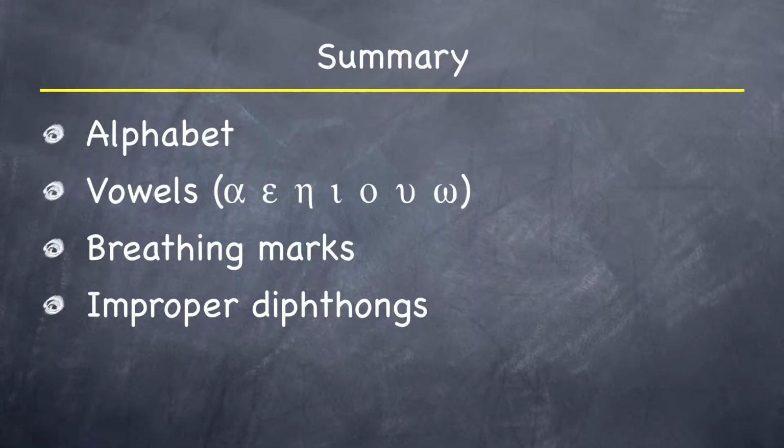What I always do at the end of every chapter is put up a summary, just to remind us what we've learned. So let's look at the summary right now. Well, we learned the alphabet.